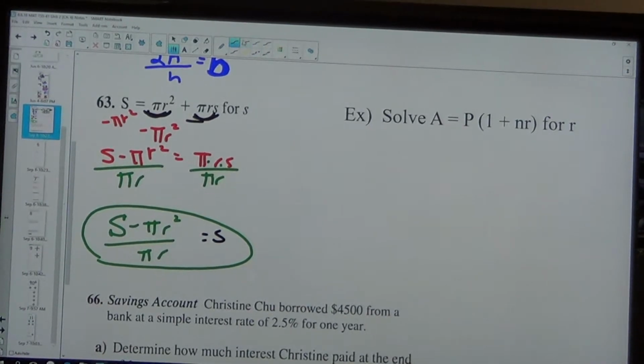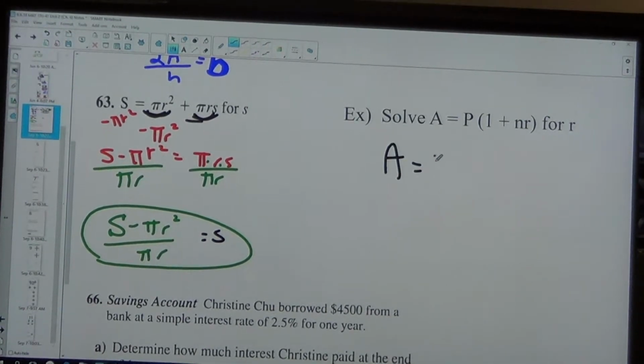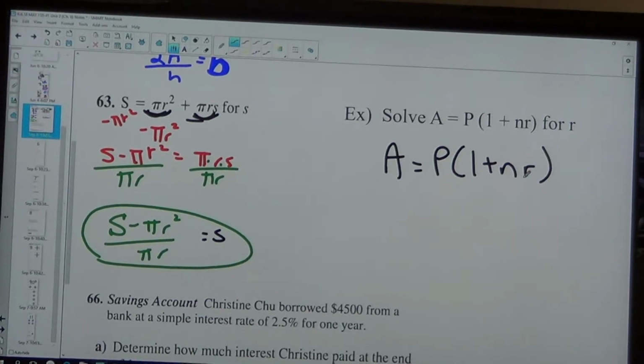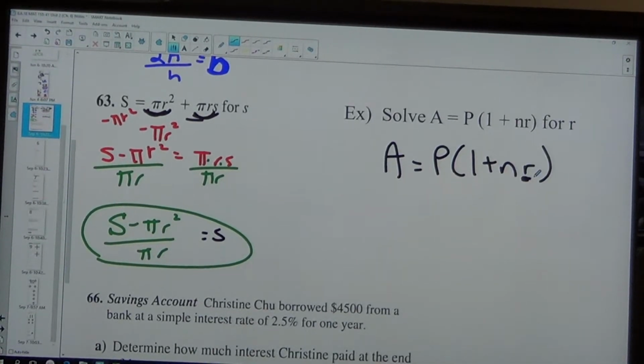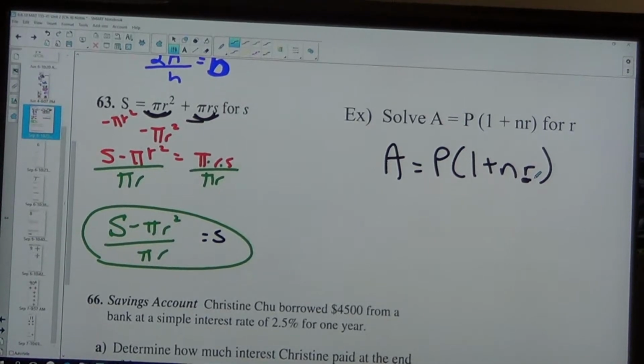All right, for the next one, A equals P times 1 plus N times R, and we're solving it for R. So the first thing I want to do is I don't want to mess with this, I want to get rid of him. How's he held together? Multiplication.